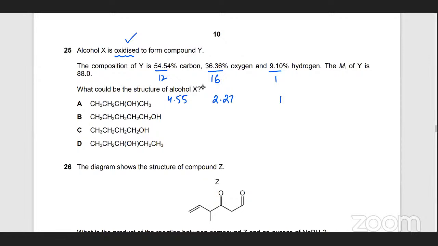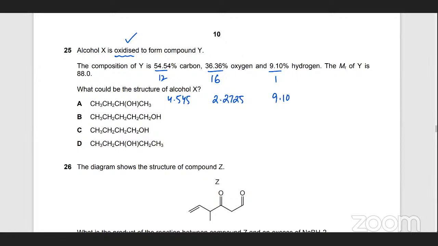Let me just quickly check. 36.36 divided by 16, that is 2.2725. Sorry, I made a mistake, why did I write 1, that was the confusion. It was 9.1, right? Let's make this exact as well. It's 4.545, right? So okay, that makes sense. I made a silly mistake.